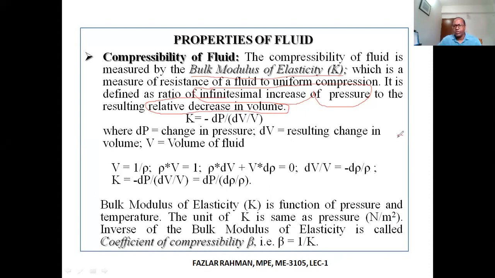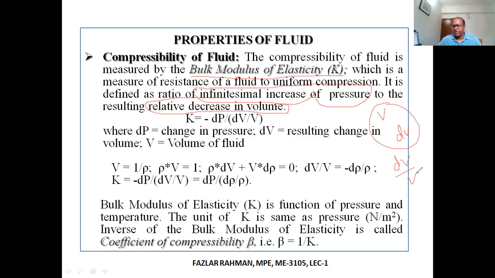So the decrease in volume, how much? Normally expressed by dV or delta V, right? If the original volume is V, then the relative decrease in volume will be dV divided by V. Okay.